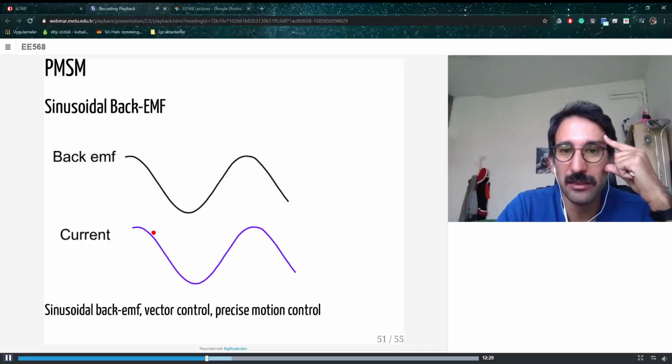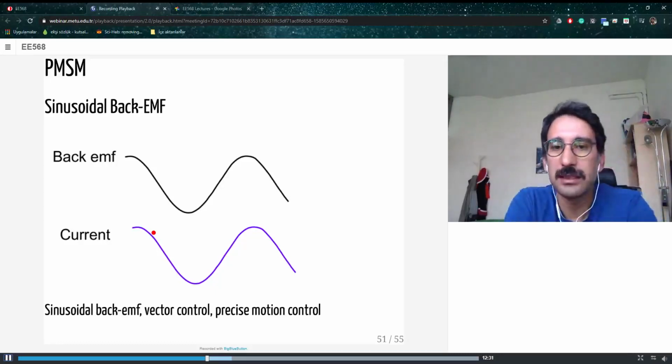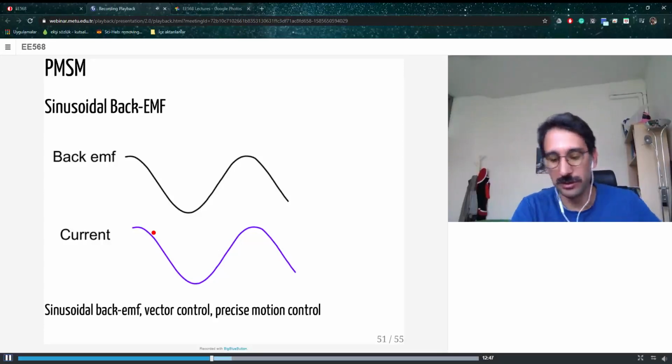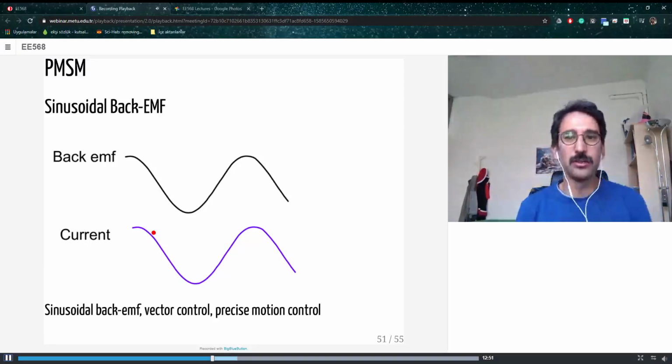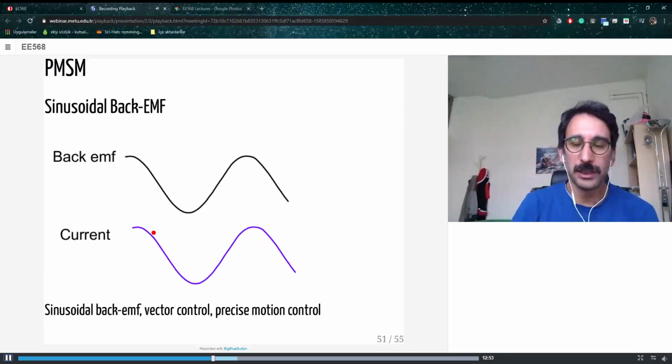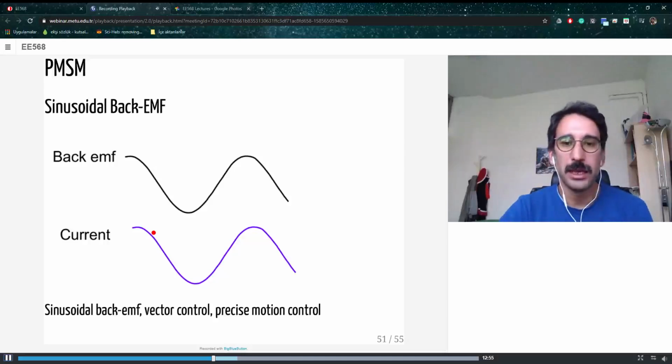With the PMSM, the back EMF is sinusoidal. That means you have enough number of slots and you adjusted either the permanent magnet shape, or you adjusted the coils connection, so you connected several coils in series, whatever you did. Your aim is to obtain a sinusoidal back EMF.